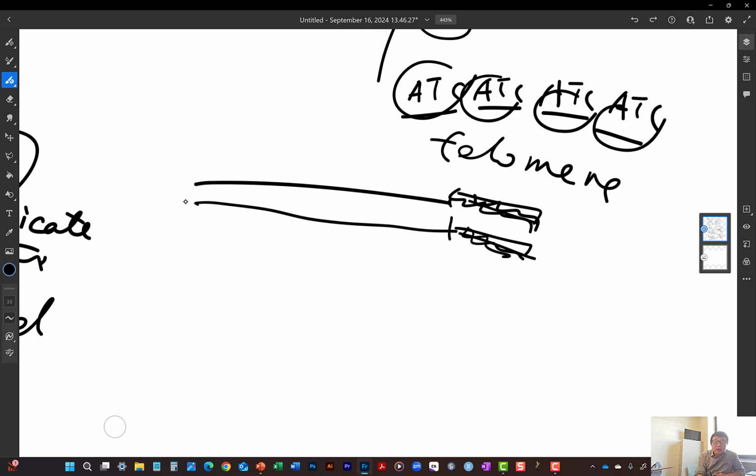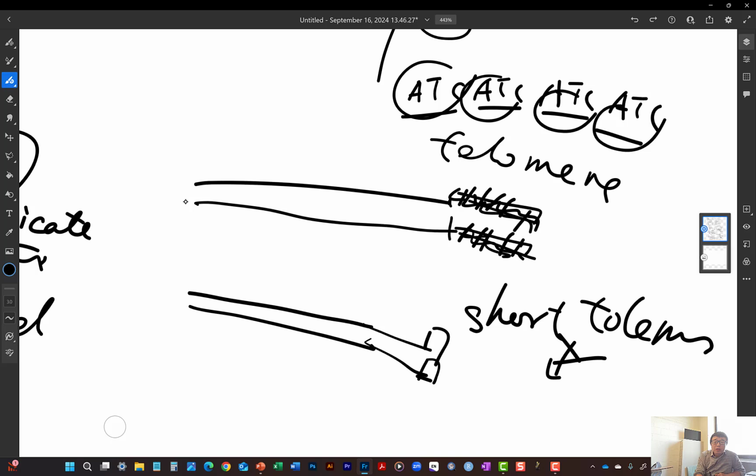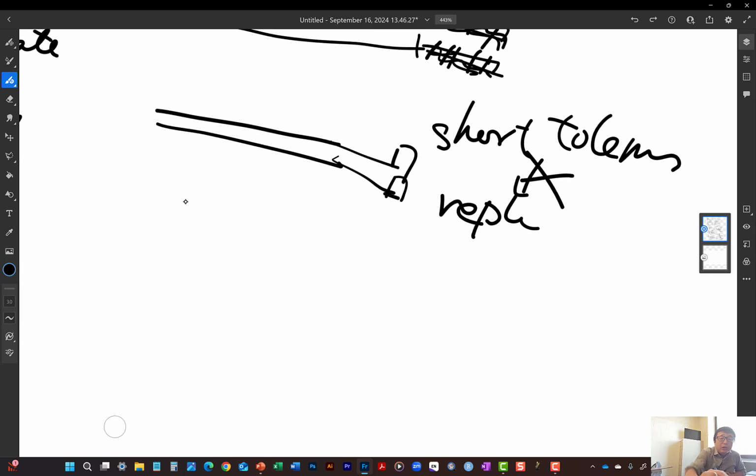So in most cells, the telomere becomes shorter and shorter after each round of DNA replication. At some point, the telomere becomes so short that a cell with a short telomere has no more DNA replication and no more cell division.